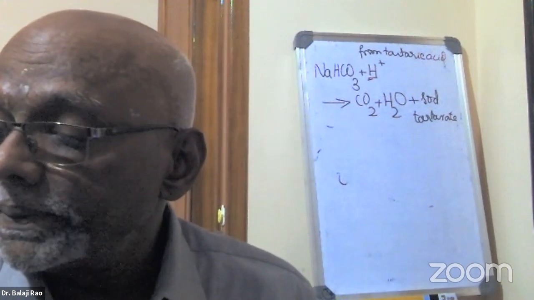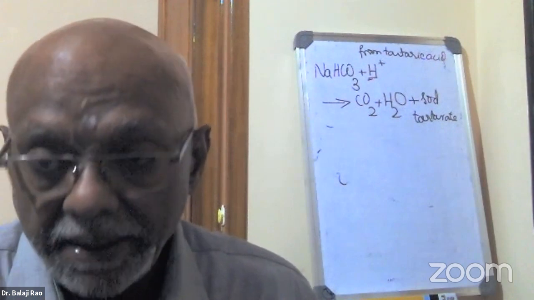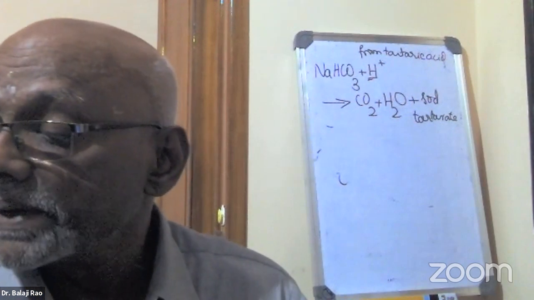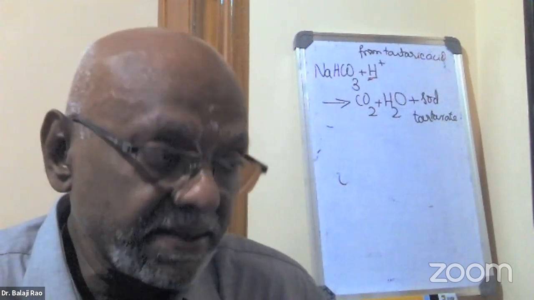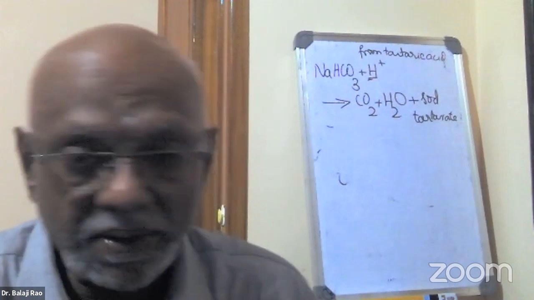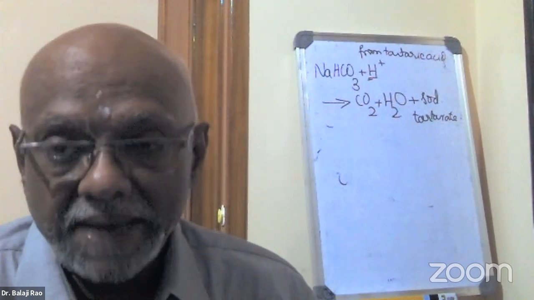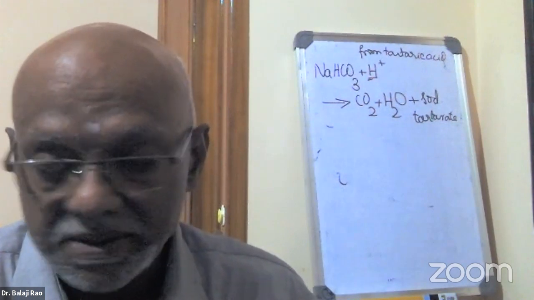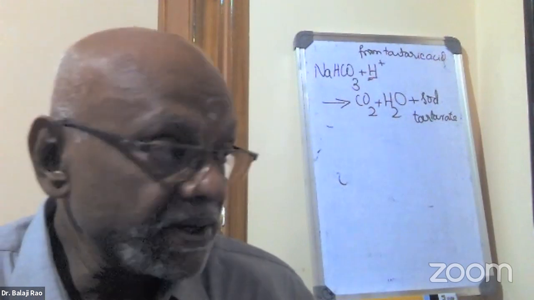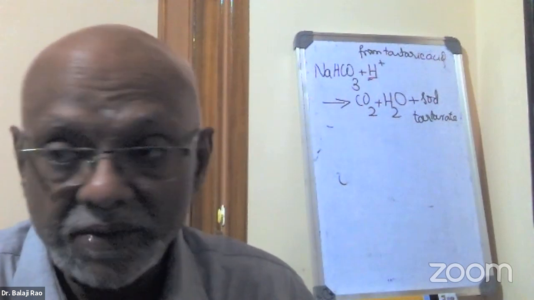Now, sodium bicarbonate, coming back to this, is an ingredient of many antacids. Antacids, you have already talked about this. These are substances used to alleviate excess acid pain in the stomach. And it is used in soda acid fire extinguishers.